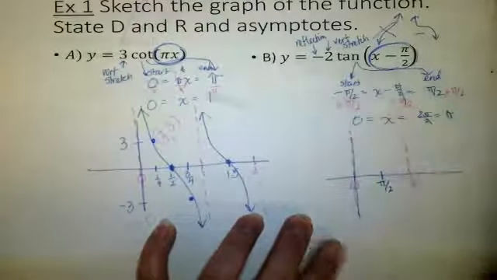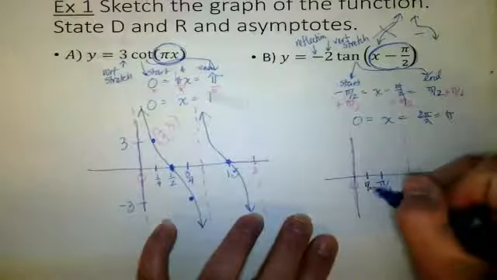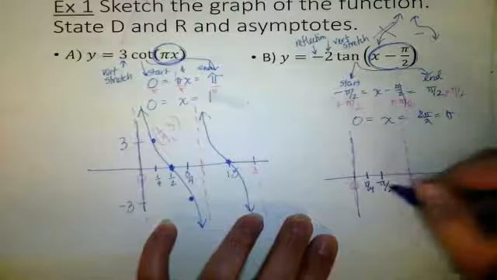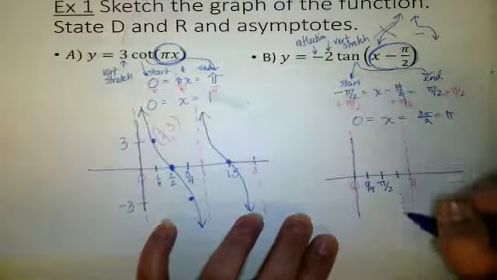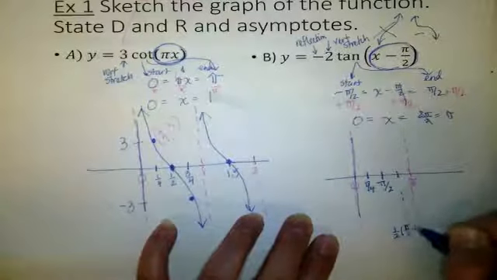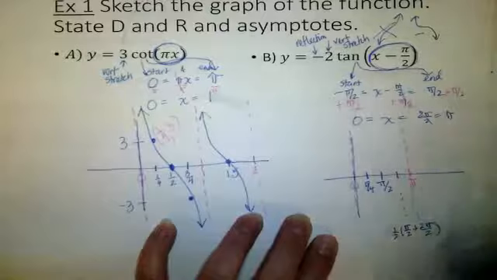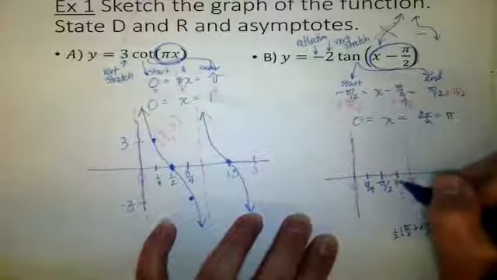Pi over 2. Half of that is pi over 4. And right here, we've done this before, halfway between pi over 2 and 2 pi over 2 is 3 pi over 4, if you do the math.